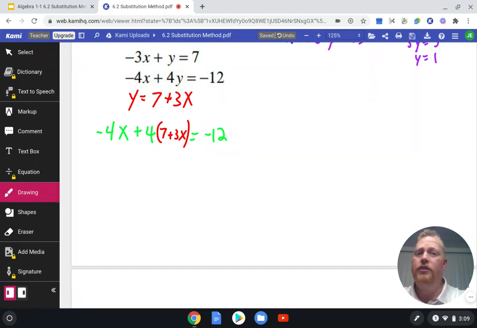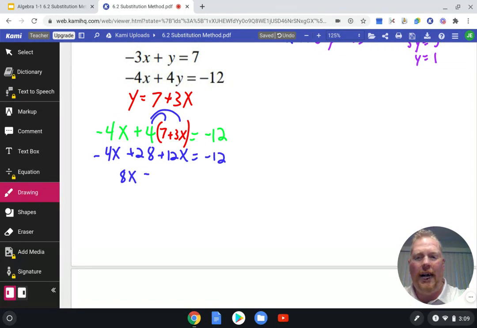Step 3, let's distribute, collect like terms. So negative 4x plus 28. And then 4 times 3x is plus 12x equals negative 12. Find our like terms here. I have a negative 4x and a positive 12x.